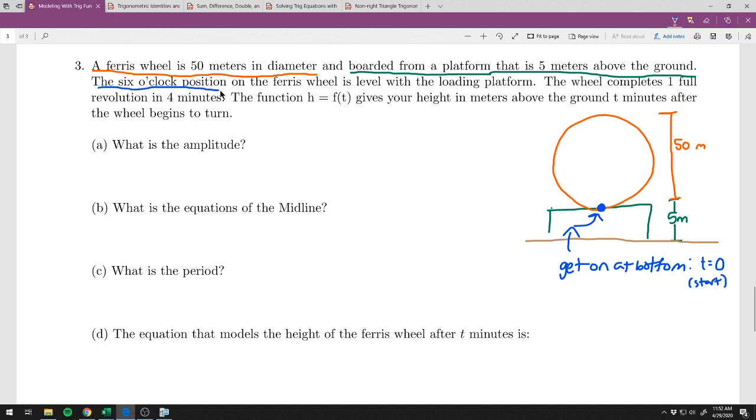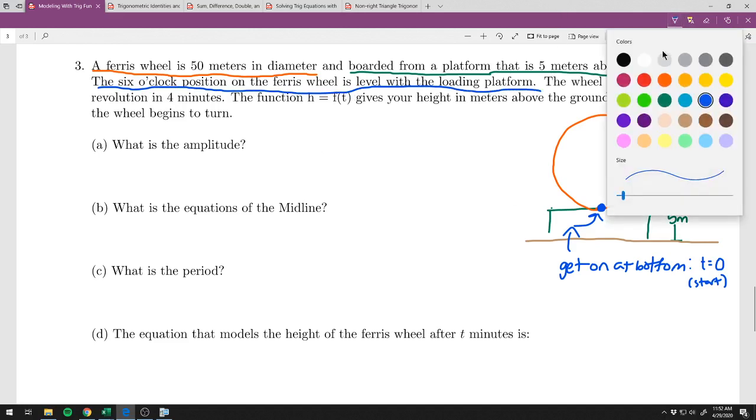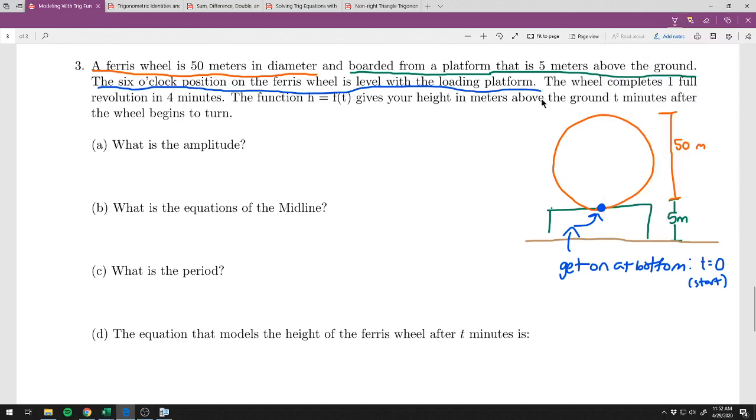All right, so we got that part drawn out now. Another piece of information, we are told the wheel completes 1 full revolution, so it goes all the way around in 4 minutes.